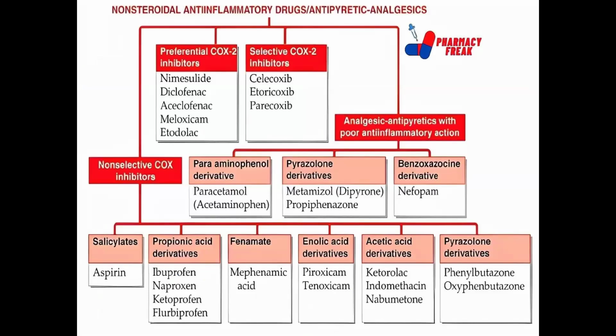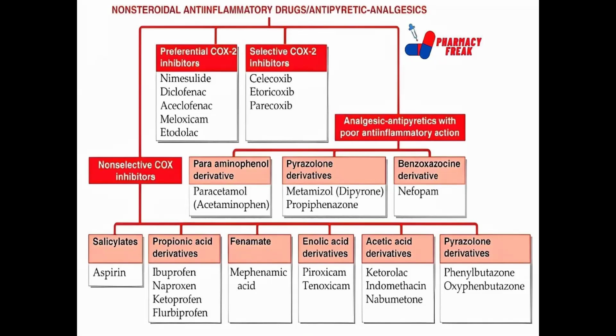I want to give you a quick idea about medications that we use for systemic rheumatic disease. First, we'll start with the non-steroidal anti-inflammatory drugs. Paracetamol, by the way, is considered an NSAID, but usually we keep it as a separate entity because it works a little bit differently than the rest of the NSAIDs.